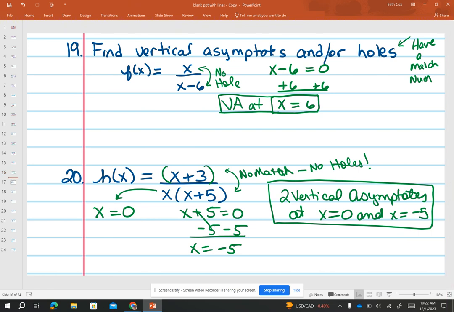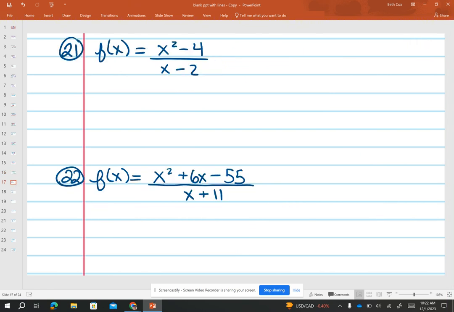Next. All right, let's see what we got next. Okay, this one, same thing. We're looking for matches. Now, technically, this needs to be factored. If you can factor, it needs to be factored. So this is going to factor into x minus 2, x plus 2. I may have forgotten that.